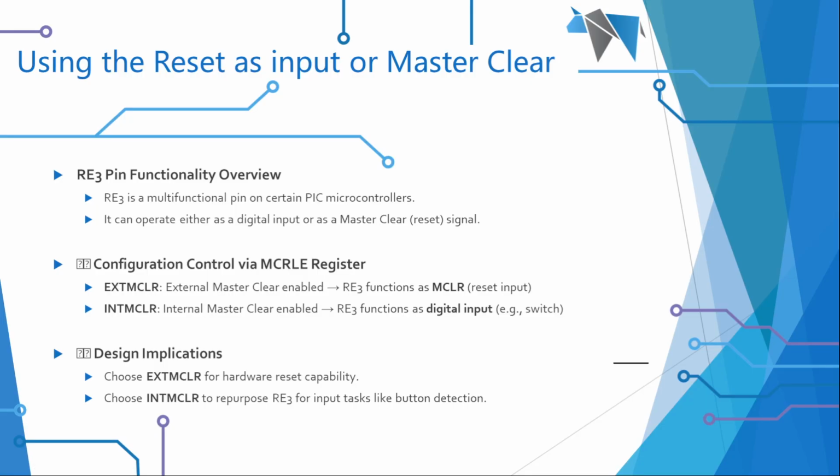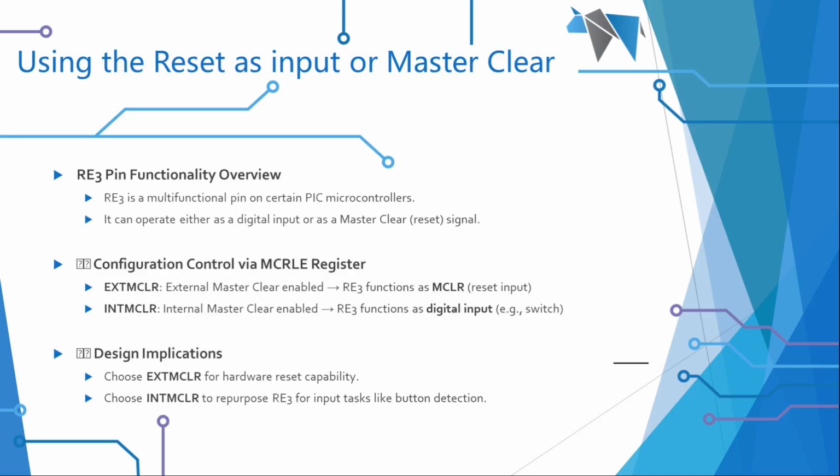External master clear enabled: the master clear, that RE3, functions as a reset. You push it, the microcontroller will reset. If it's INT MCLR, internal master clear enabled, it means that it will operate as an input, not as an output. It's not constructed that way.